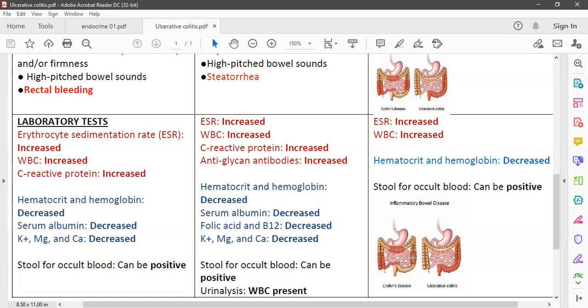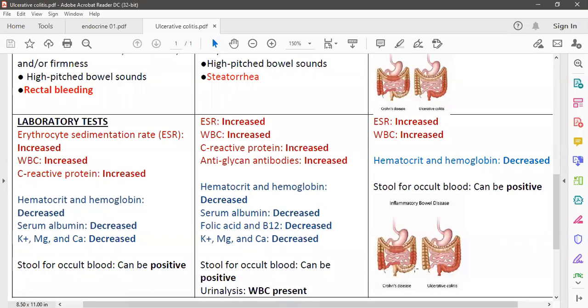Diverticulitis occurs in the bowel, but with extra diverticular sac formation along the bowel. When the diverticula, or extra sacs, are infected, it is called diverticulitis. These are small pouches in the colon, called diverticula.